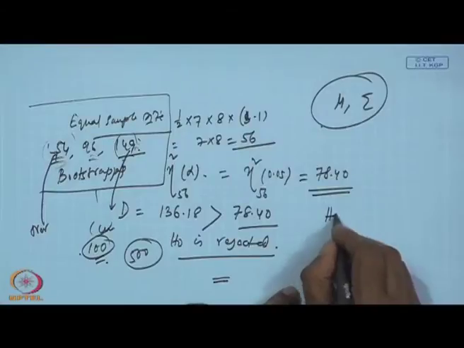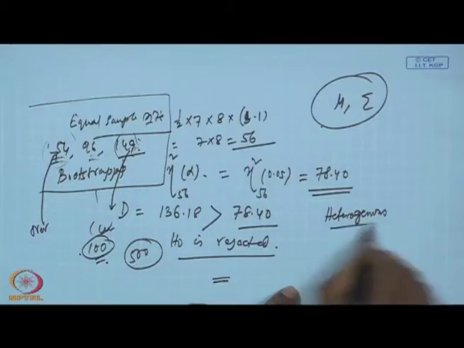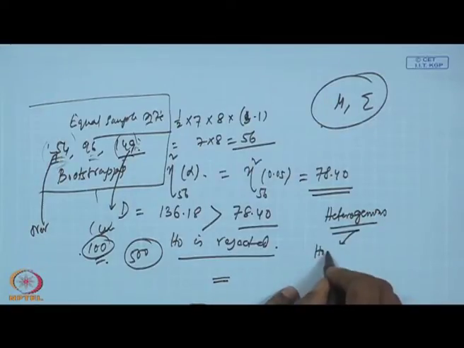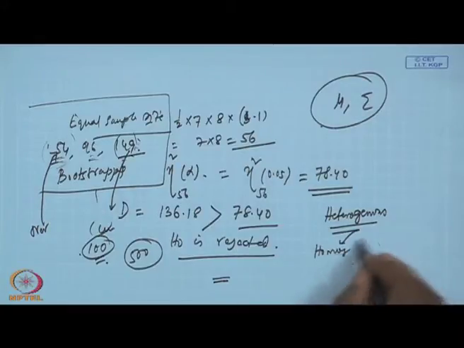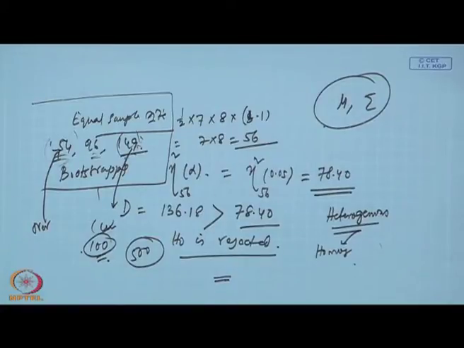Another issue is that this is a heterogeneous case. You all know how we make a heterogeneous case homogeneous: there are transformations. So before doing a MANOVA, you can go for a power transformation. I have not tested multivariate normality here, but as it is heterogeneous, the multivariate normality collectively is likely not to hold.